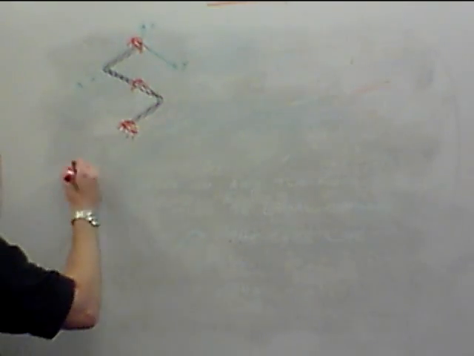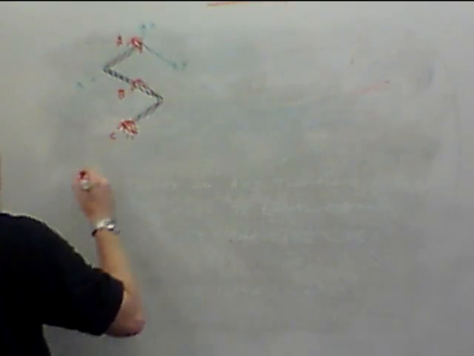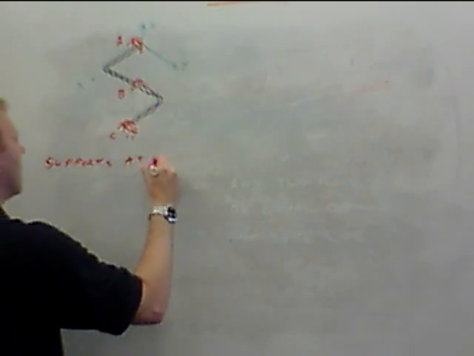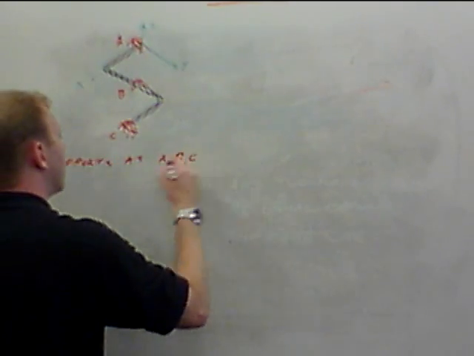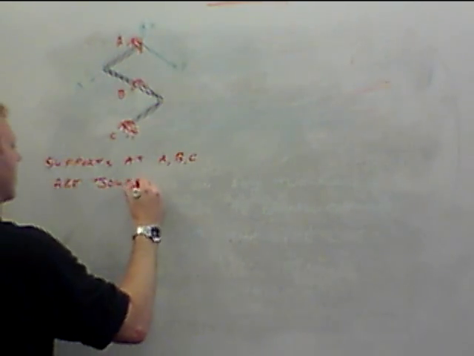All three of these supports, and I'll start labeling points here, call this point A, B, C, are what's called journal bearings.